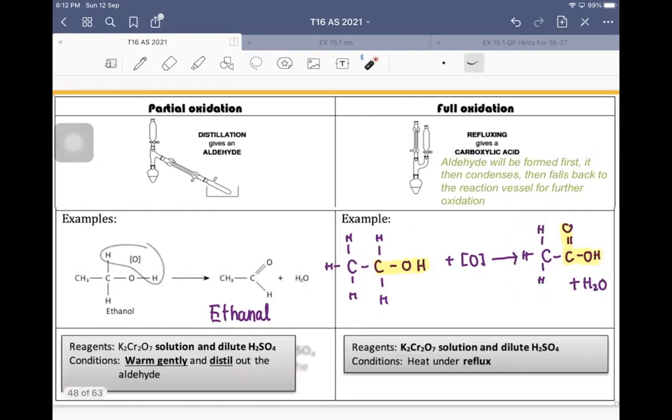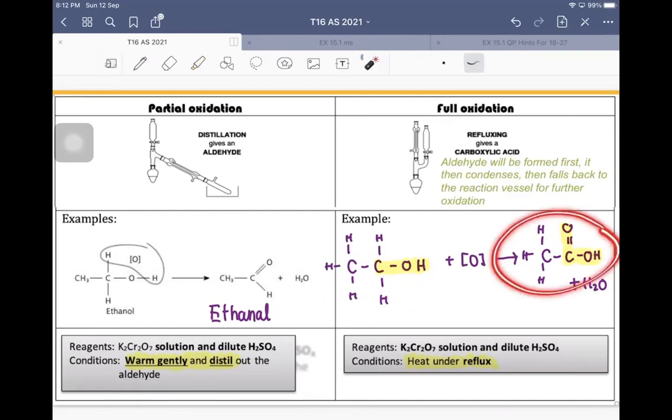So the most important thing is that if you want to collect an aldehyde at the end of your reaction, you need to use distillation as your setup. The condition is important here. Whereas if you're expecting to collect a carboxylic acid, then you just need to heat it under reflux. Okay, so if you don't specify the condition, then you are most likely to get carboxylic acid.